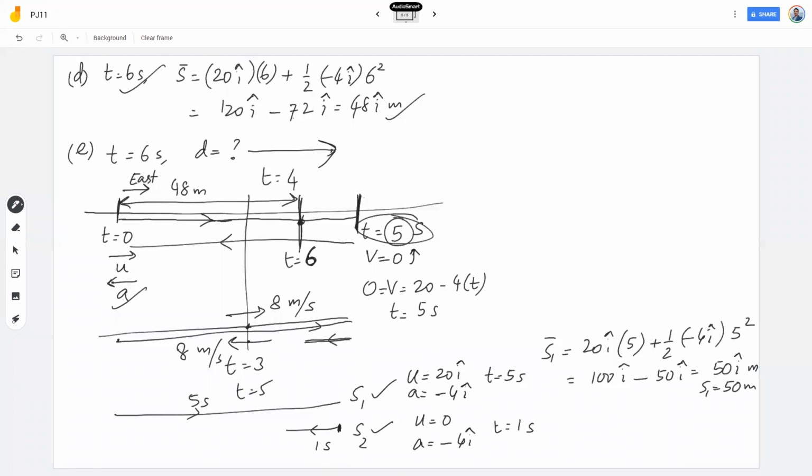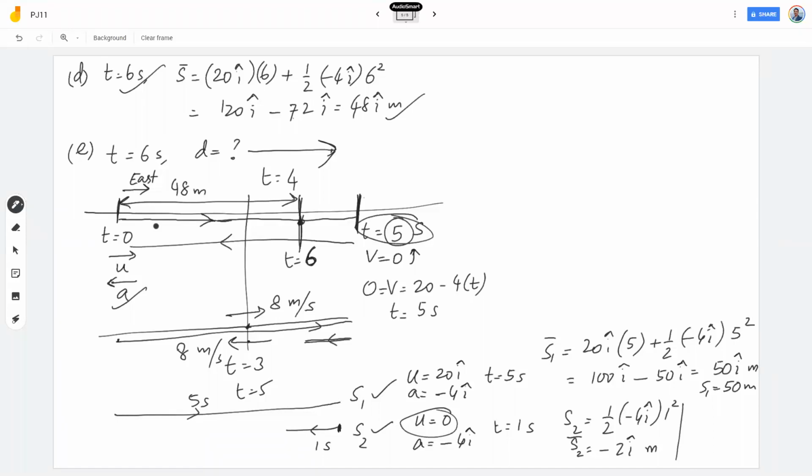Okay, what is S2? S2 is equal to UT plus half AT square, but U is 0. So first term will become 0. Second term will be half into minus 4 I cap into 1 squared. T is 1. So this will be minus 2 I cap. Okay. So S2 is equal to minus 2 I cap.